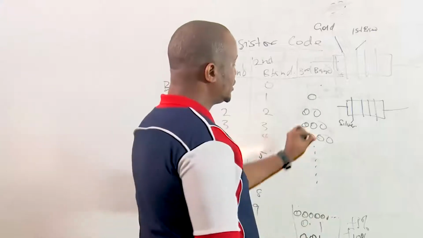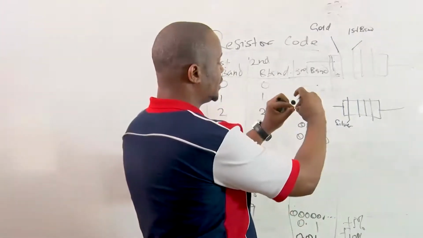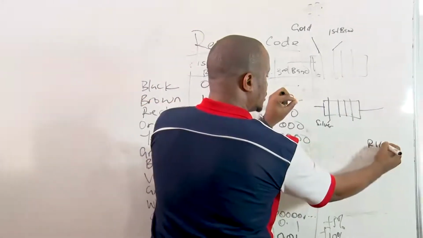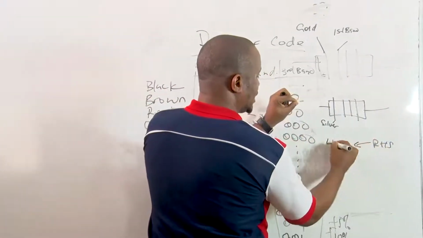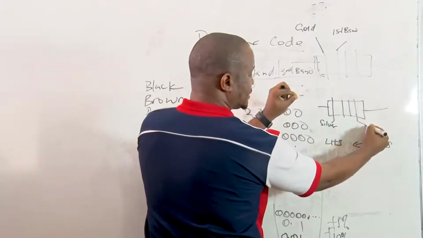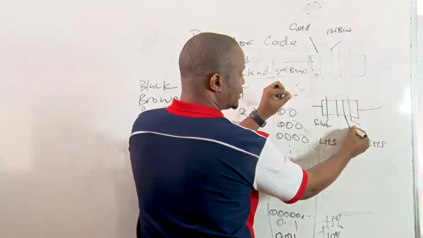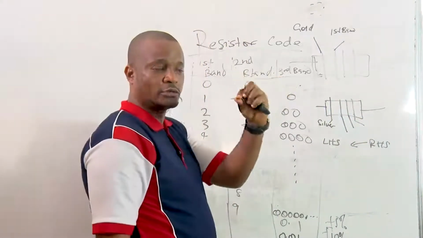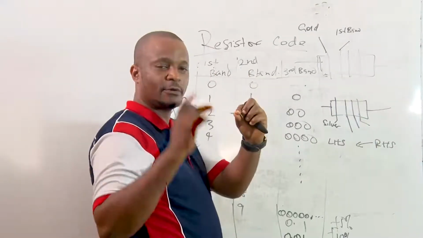So when you hold this with your left hand, okay, you read from right hand side to what? To your left hand side. So this will be your first band. This will be your second band, and this will be your what? Third band, while holding it on your left. You read from right to left.